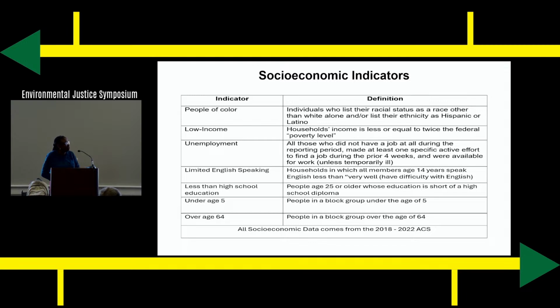Limited English speaking, everybody 14 years and above in a household that has difficulty communicating in English. Then less than high school education, people 25 years or older whose education is short of a high school diploma. Under age 5, people in the block group under the age of 5, then over age 64, people in the block group over the age of 64. And this data was gotten from the 2018-2022 ACS, that's American Community Survey data. That is where this data was sourced from. Next.